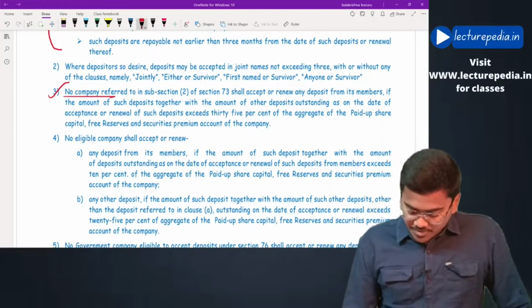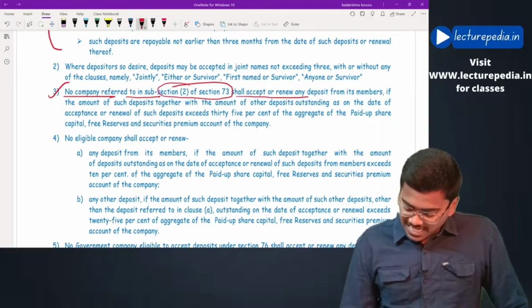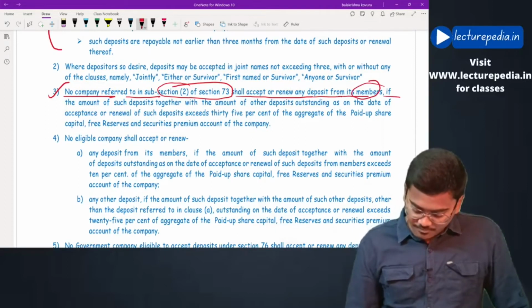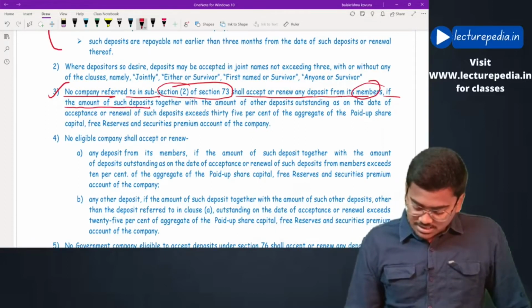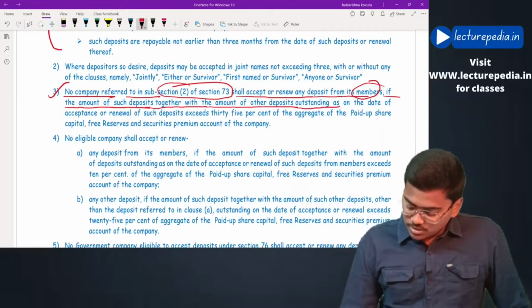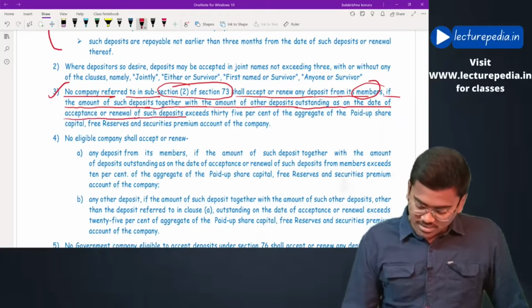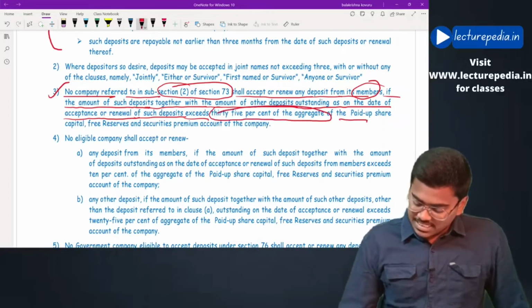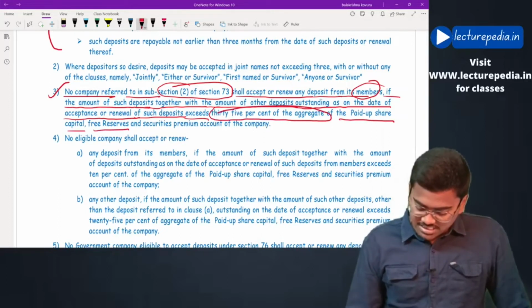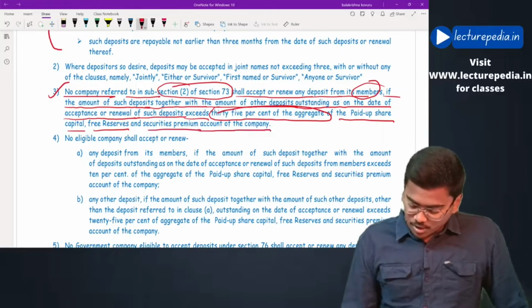no company referred to in subsection 2 of section 73 shall accept or renew from its members if the amount of such deposits together with the amount of other deposits outstanding as on the date of acceptance or renewal of such deposits exceeds 35% of the aggregate of paid up share capital, free reserves and securities premium account of the company.